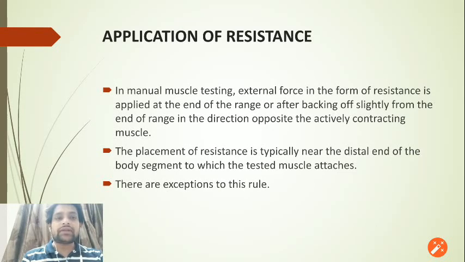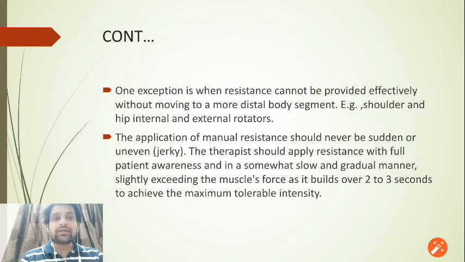The placement of resistance is typically near the distal end of the body segment to which the tested muscle attaches or inserts, and there are exceptions to this rule. One exception is when the resistance cannot be provided effectively without moving to a more distal body segment. For example, shoulder and hip internal and external rotators.